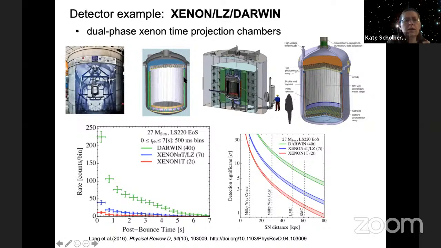And this is the kind of event rate as a function of time that this kind of detector would expect, and really has very good distance sensitivity out to Milky Way distances. So these different colors represent different sizes of detectors. The green one is Darwin, that's the really big one. And so we're talking about hundreds of events as a function of time for a 10 kiloparsec supernova.